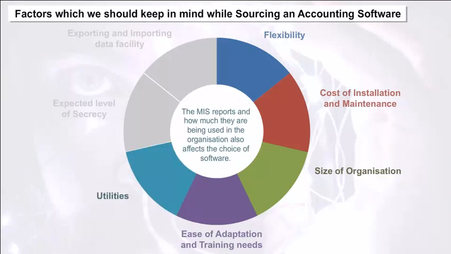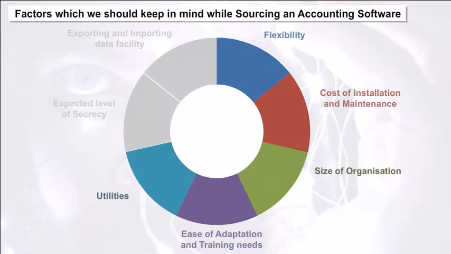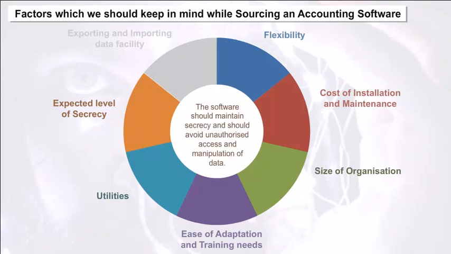Utilities. The MIS reports and how much they are being used in the organization also affects the choice of software. Expected level of secrecy. The software should maintain secrecy and should avoid unauthorized access and manipulation of data.